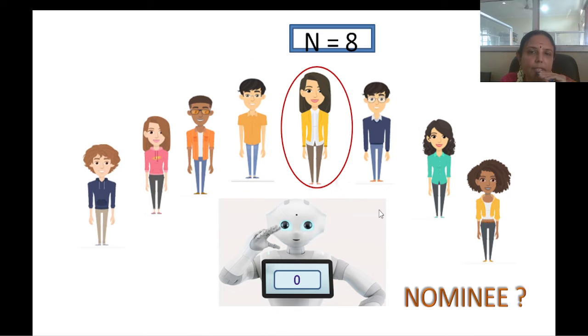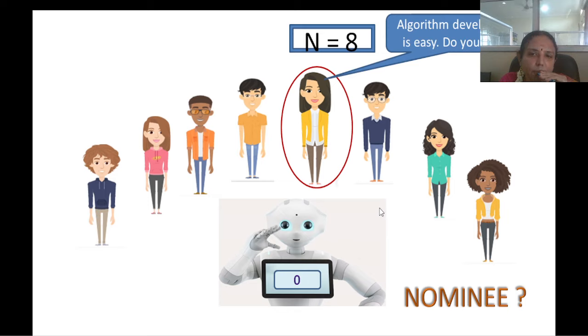Now look at the other scenario. Again we have n equal to 8 and now she is posing the argument: Algorithm development is easy. Do you agree? The observation starts from the first person raising, so the indication is 1 and the count is incremented.